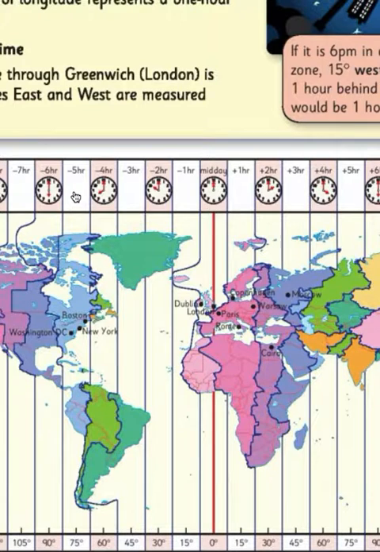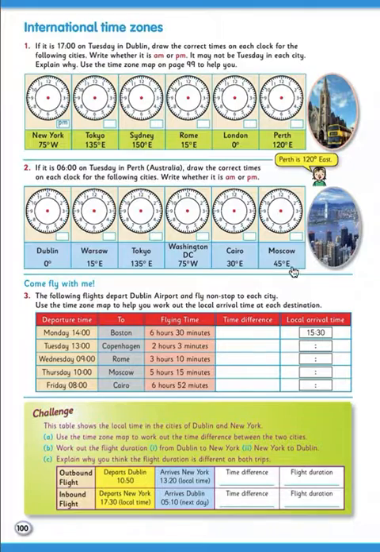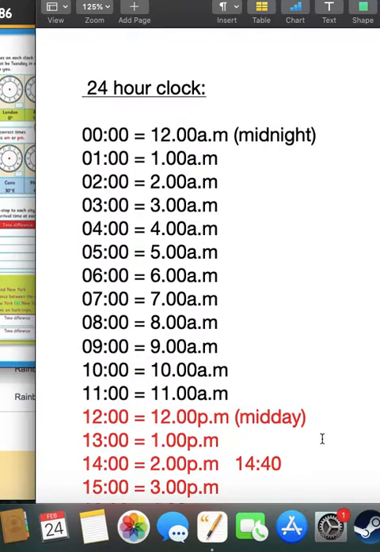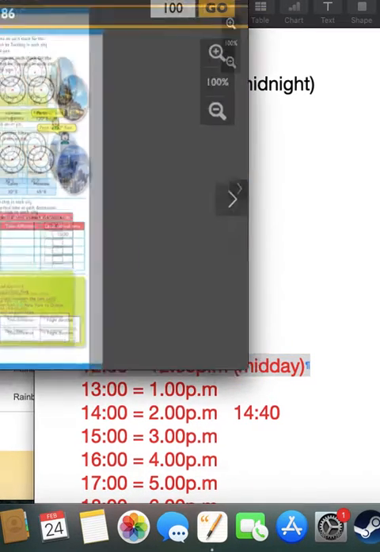It is 5 hours behind us. 1, 2, 3, 4, 5. 15 degrees each, 5 15s being 75 west. 5 hours behind 5 o'clock, here's 5 o'clock, 5 hours behind it, 1, 2, 3, 4, 5. It is 12 o'clock, 12 midday, 12 p.m. I'd have to write in the answer, 12 p.m.